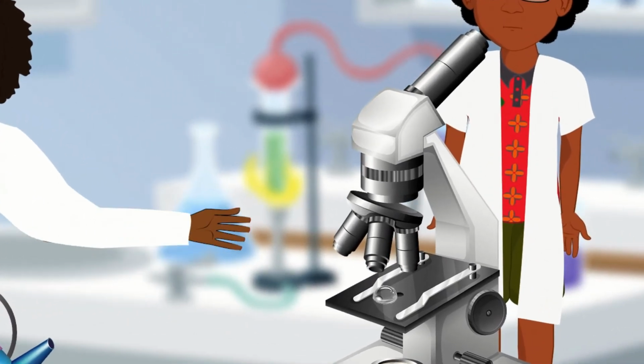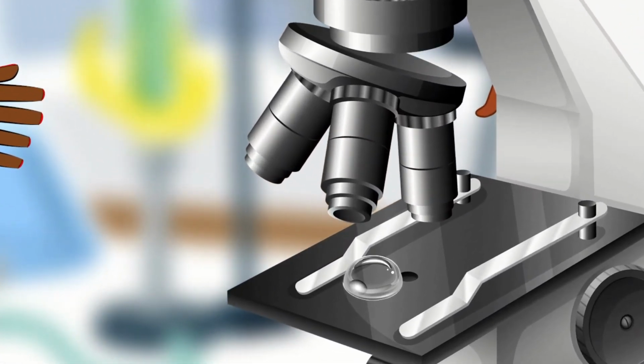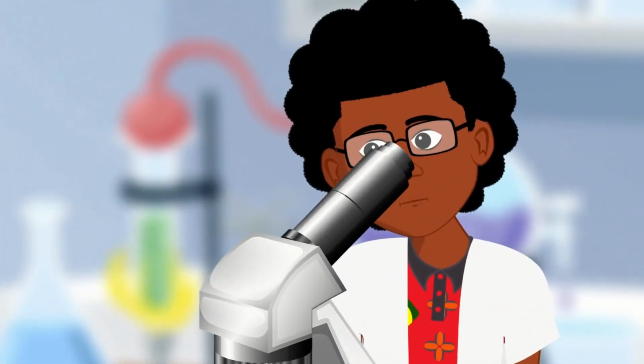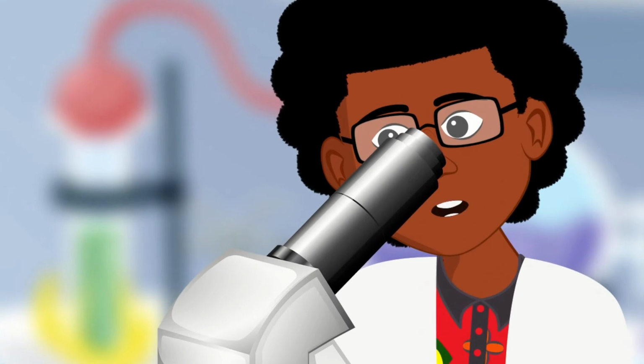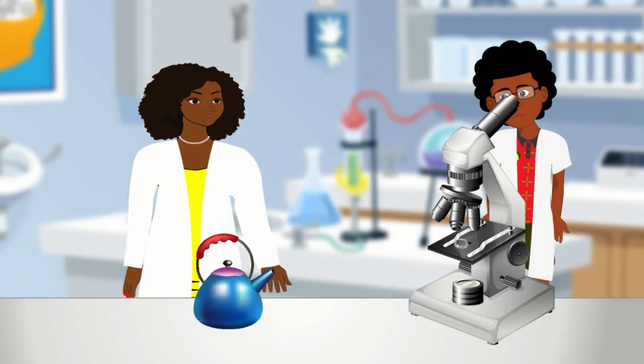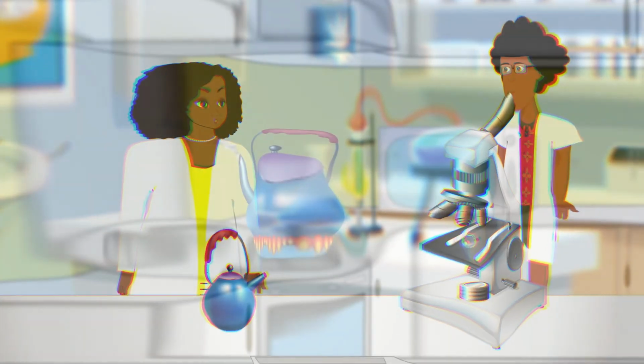Below the microscope is a drop of very clean-looking water. Look through the microscope and tell me what you find. I can see some ugly things moving. We need to boil the water to kill them. Sounds good. Let's go back to the kitchen.